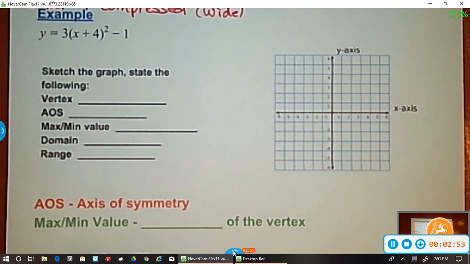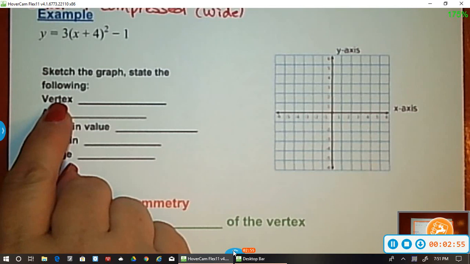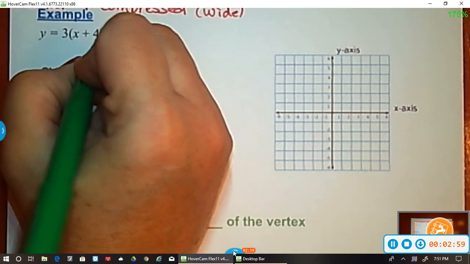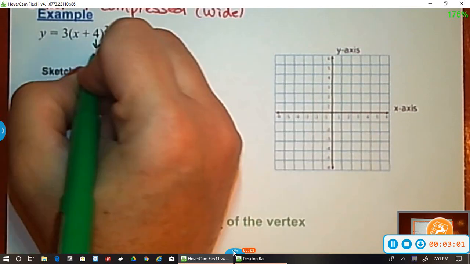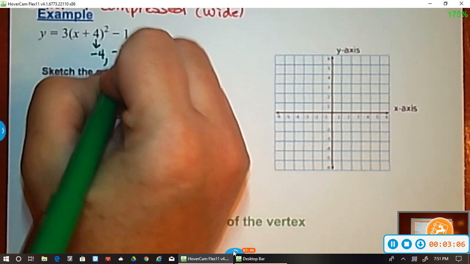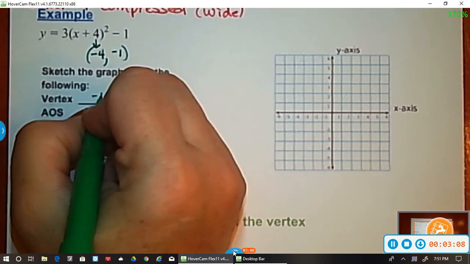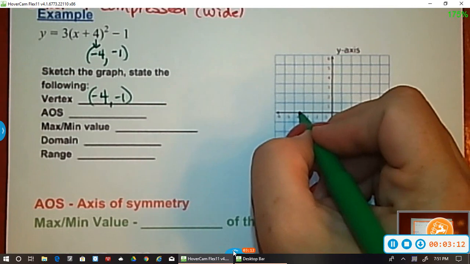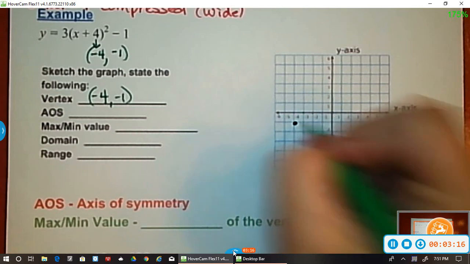The first thing we've got to do is find the vertex, which is not new. We're going to do the opposite of this number, so that's negative 4, the same as this number, that is negative 1. That is your vertex. So, negative 4, negative 1, there's my vertex.